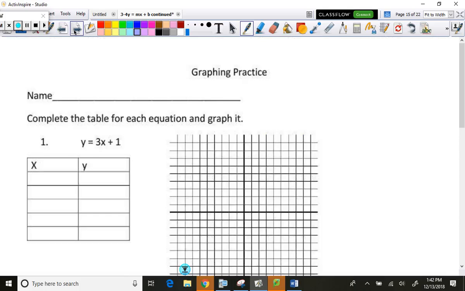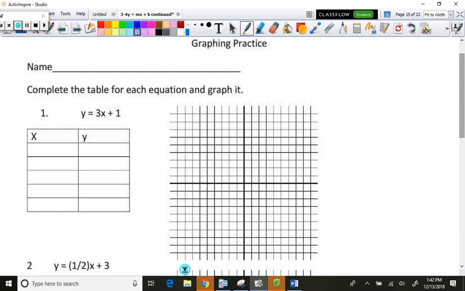The next thing we're going to do is this worksheet that the sub should pass out to you. This is graphing. So practicing graphing, I want to remind you that you choose the x. So when I'm making the table for number 1, I am going to choose negative 1, 0, 1, 2, 3.